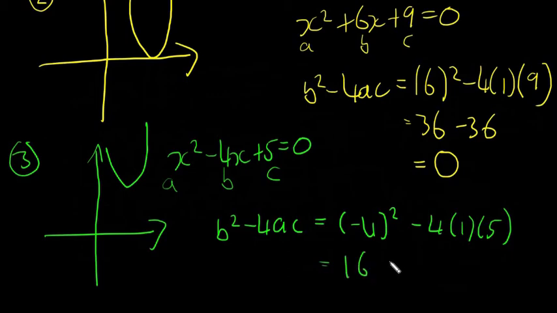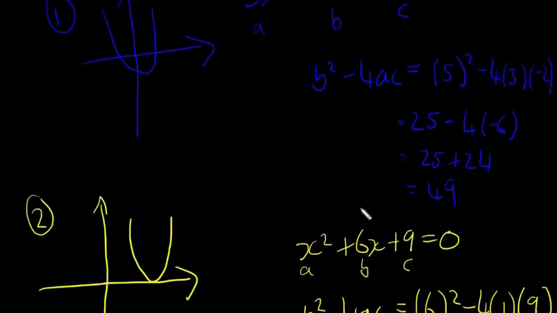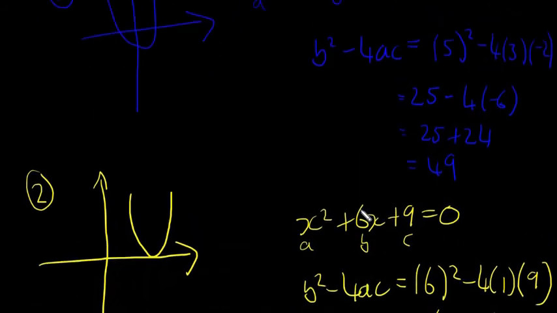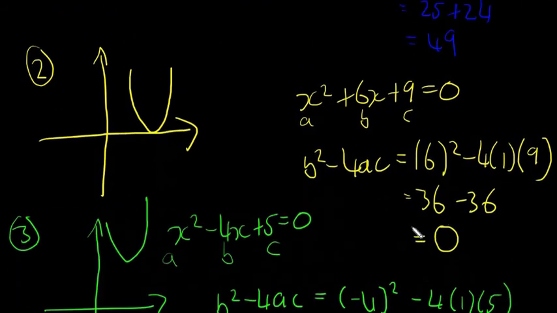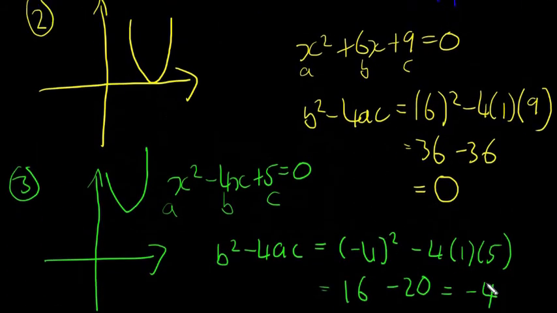So we're going to get 16 minus 20, which is minus 4. So we'll look at these 3 numbers now. These 3 numbers will tell us the nature of the roots, which is the phrase they generally use. This one here is positive, this one here is 0, and this one here is negative.